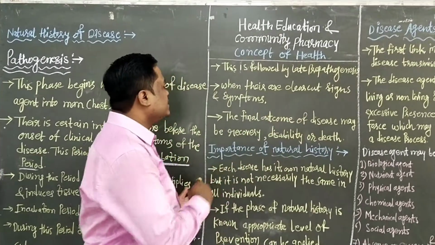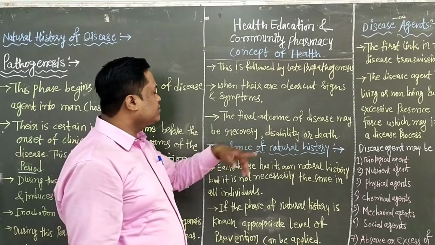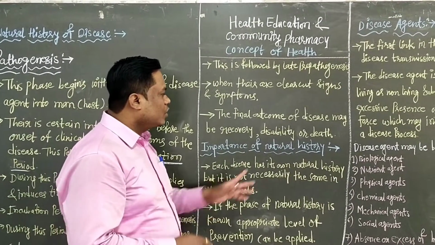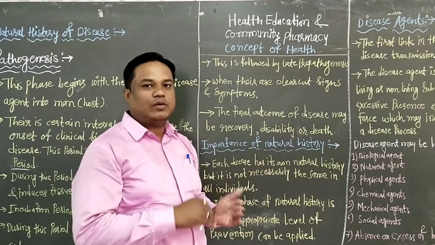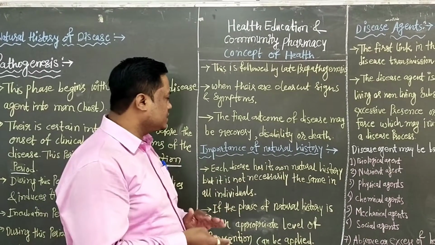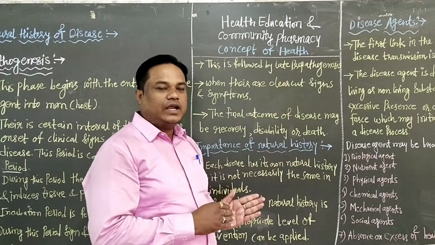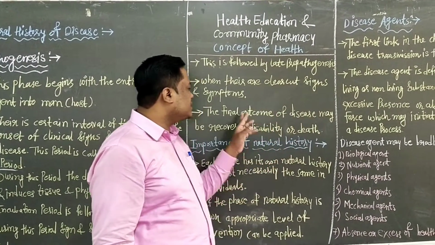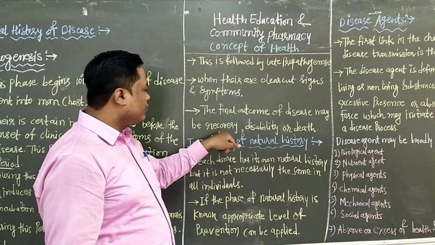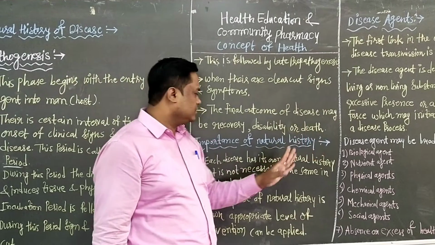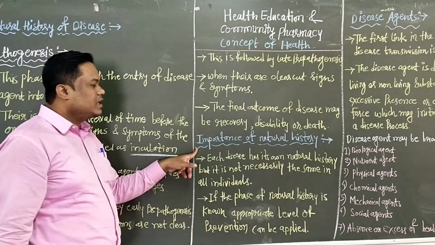After seeing the signs and symptoms, the first outcome is recovery, means total cure of the disease condition, or disability, means dysfunction of the anatomy and physiological functions, or in a chronic condition it will lead to death. So the final outcomes are, first recovery, second disability and third death.